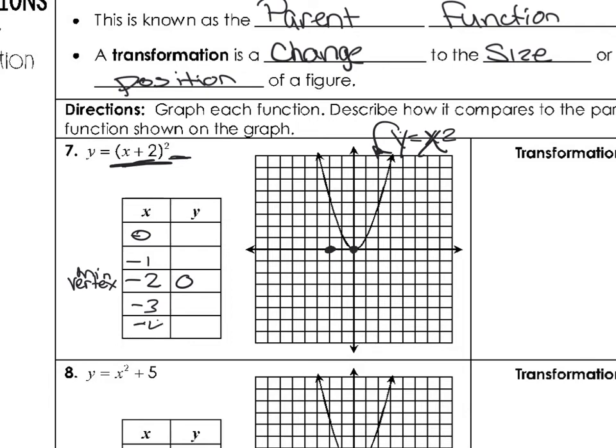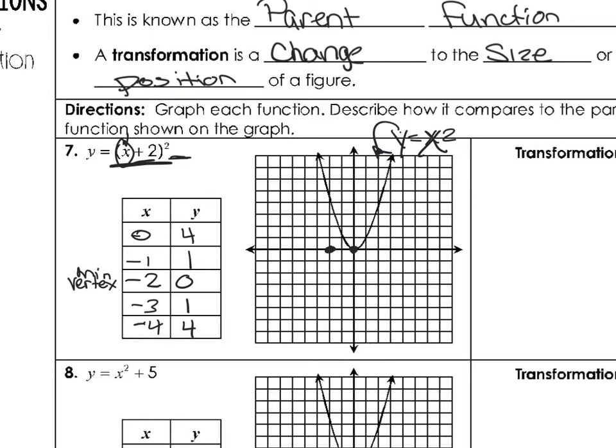So if I plug in some numbers here and I graph it, if I plug in 0, I'm going to get 4. If I plug in -1, I'm going to get 1. If I plug in -3, I'm going to get 1. And if I plug in -4 for my x, when you work it out, you're going to get 4.